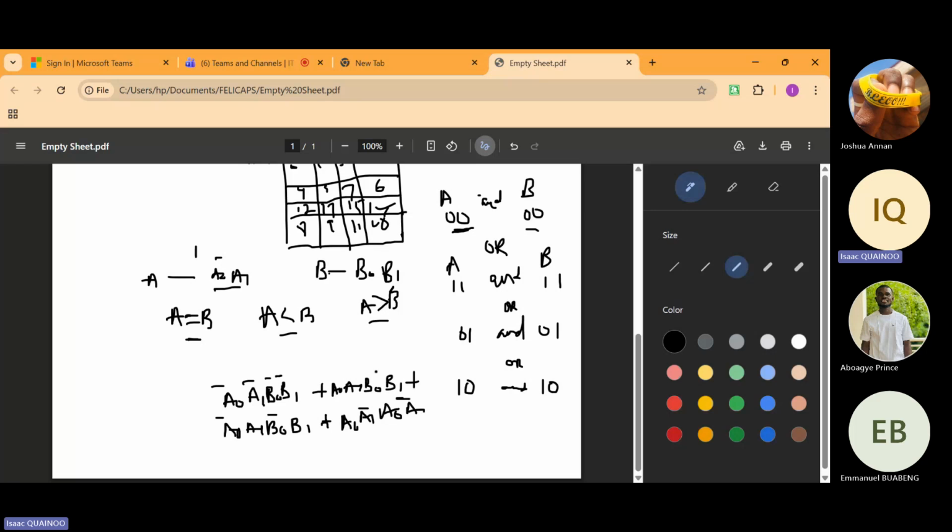So you see, all what we've done here, if we are to do some simple substitutions, for example, we know that A0, A1 is equal to A, okay? So that means we can represent all this with A. And then B0, B1 is equal to B. We can represent all this with B. So A0, A1 is A, so we can represent all this with A prime. And then B0, B1 is B, so we can represent all this with B.